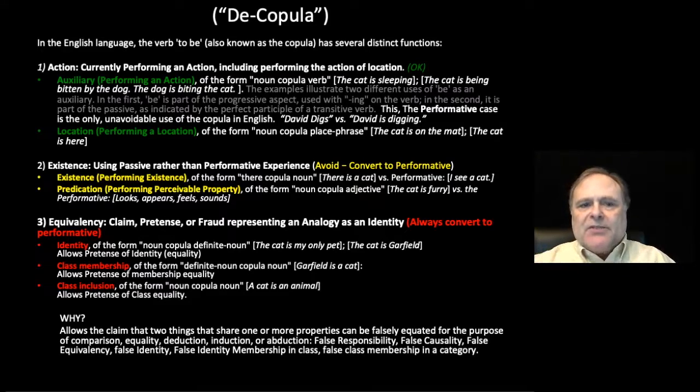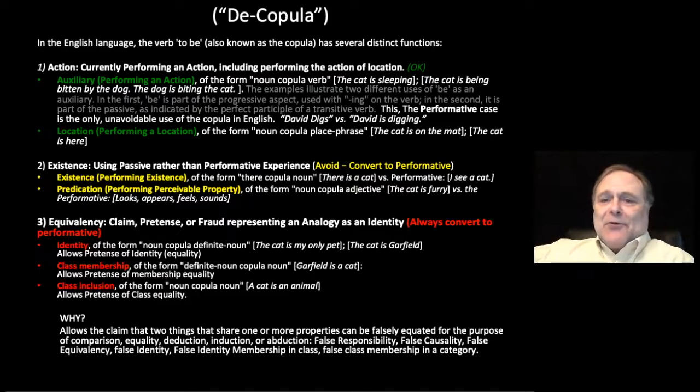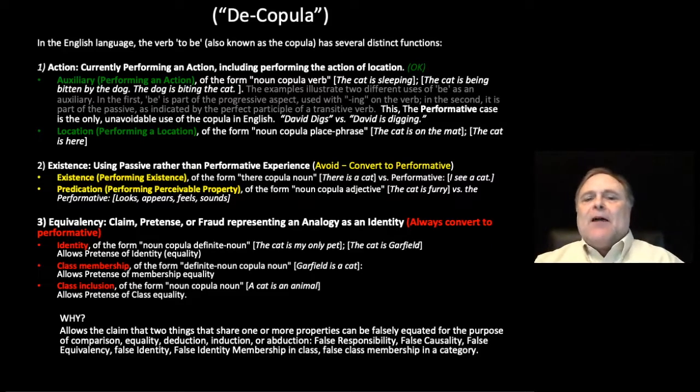So the problem is that most attempts to deceive are using this equivalency of identity, class membership, and inclusion to try to use for conflationary purposes. It allows you to claim two or more things share properties that they don't, for the purpose of deduction, induction, abduction, guesswork, inference, suggestion, deceit, for whatever purpose.